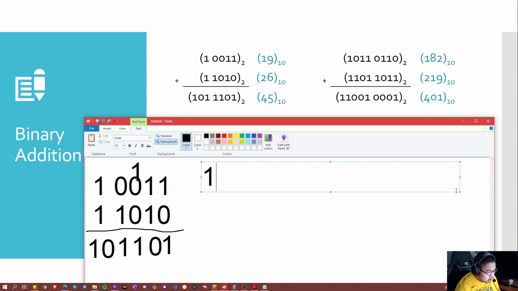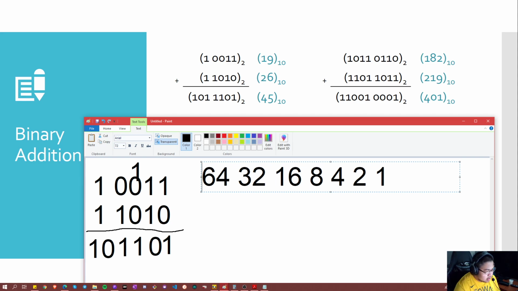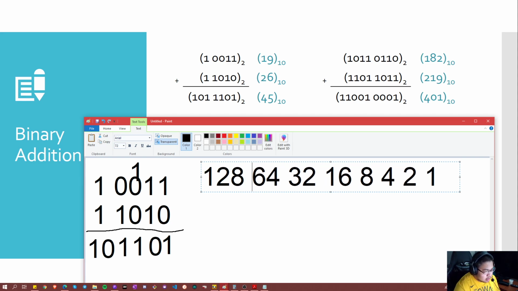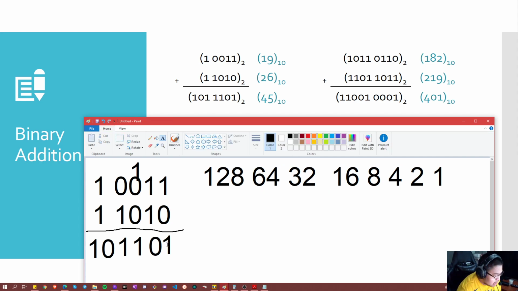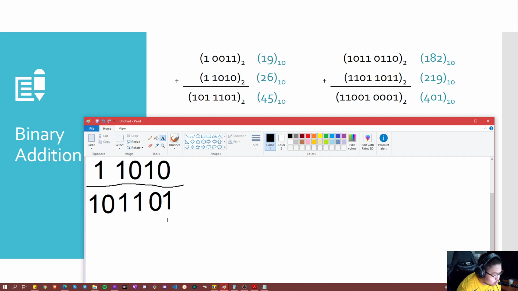It starts with 1, 2, 4, 8, 16, 32, 64, then 128, and so on. It's just 1 plus 1 is 2, 2 plus 2 is 4, 4 plus 4 is 8, 8 plus 8 is 16, and so on. Now let's convert this to decimal. So what does this stand for in decimal? This is 1.